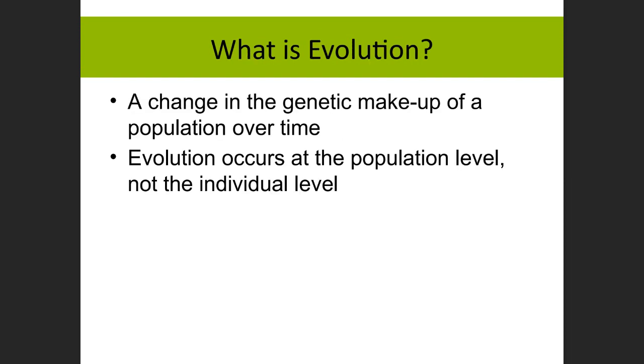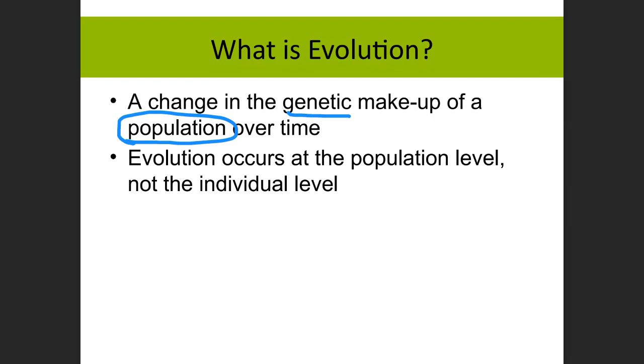Okay, so the first thing we're going to talk about is what is evolution? It is the change in the genetic makeup of a population over time. I really want to stress this here. Population. That's a really, really important word. Populations evolve. Individuals don't. Because it's a change in the genes. Your genes are the genes you were born with, and they are the genes you will die with.